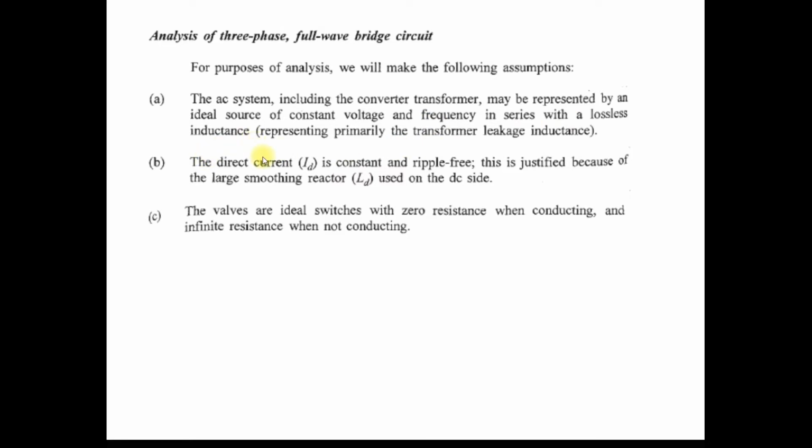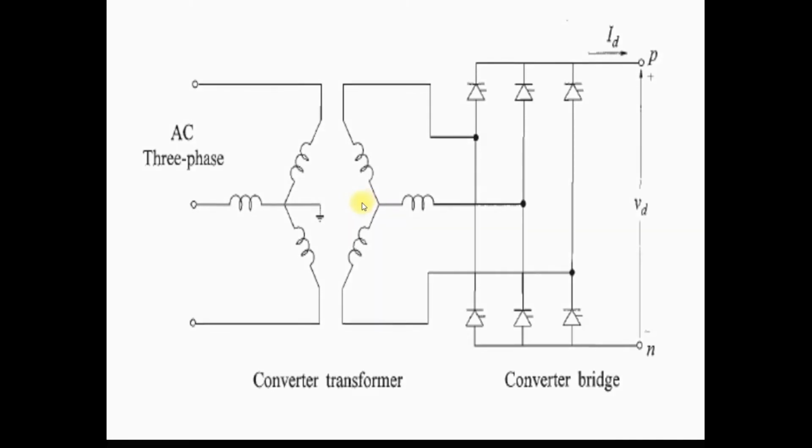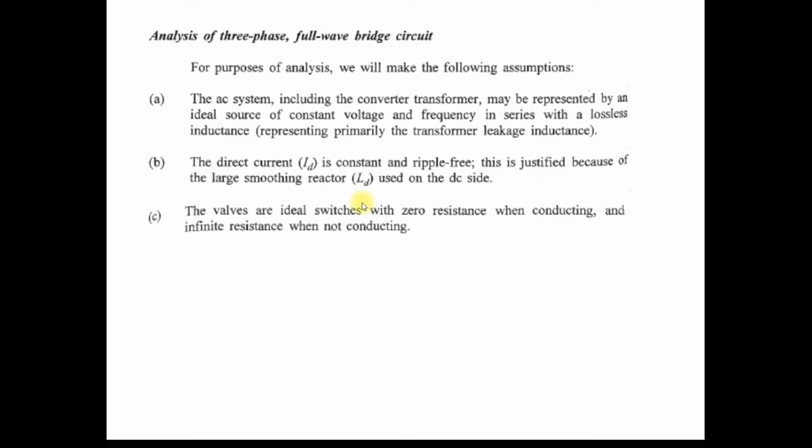We represent the converter transformer as an inductance, and we assume that there is no loss in the inductance. So whatever three-phase power is applied from the supply side at the primary, the same power you get at the input of these converters. It means that this converter transformer acts as a lossless transformer. There is no loss in these transformers. It means we assume 100% efficiency of the transformers.